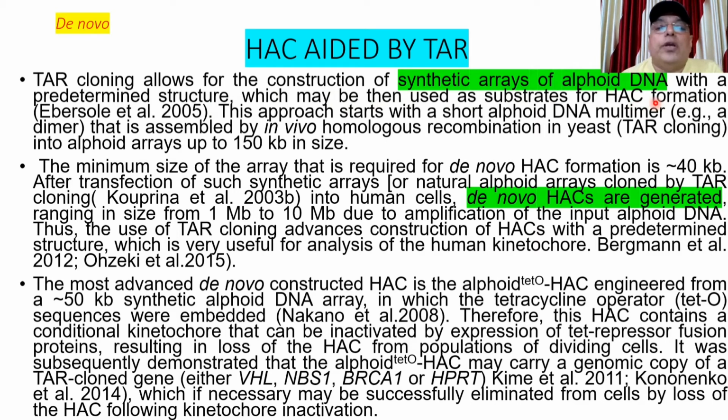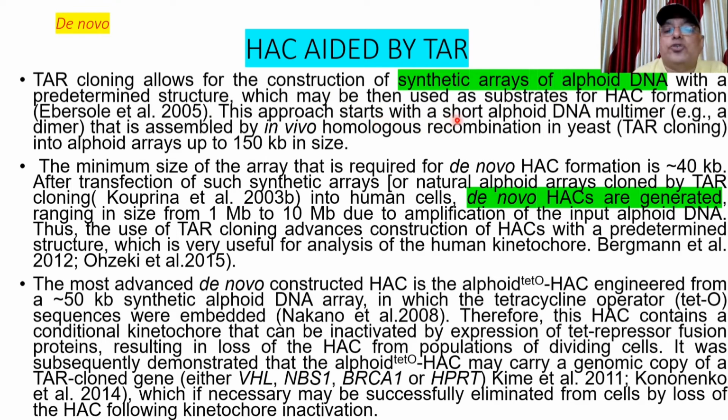As we have seen in the human artificial chromosome, the first step was the introduction of alphoid satellite DNA. So TAR may help in the transfer of alphoid satellite DNA, and that's how it will provide a site for multimerization and ultimately lead to the human artificial chromosome formation.